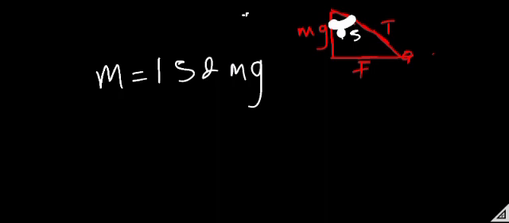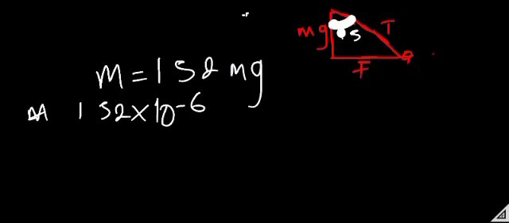To kilogram, and we know that milli means multiplied by 10 to the power minus 3, so that would be 1.52 times 10 raised to power what? Minus 6 kilogram. That will be the mass. Now when we want to find the weight, because mg is what we are looking for, this mg is different from this mg. This mg means milligram, while this mg means the weight, right?